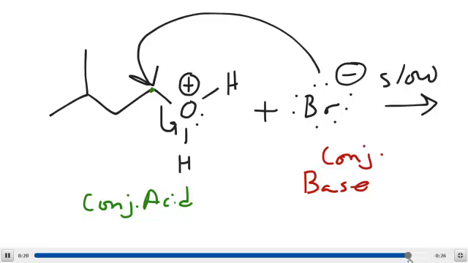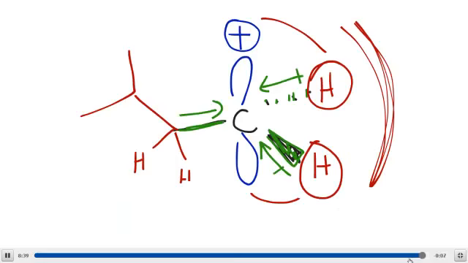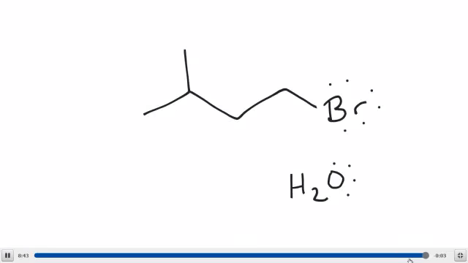There is the substrate, which is our conjugate acid, our alkyl oxonium ion, and our nucleophile, which is bromide. It's our conjugate base. There are 2 chemicals involved in this rate determining step. And that's why this is called an SN2, because we're still substituting one group for another. We're involving a nucleophile, and it is a substitution reaction.